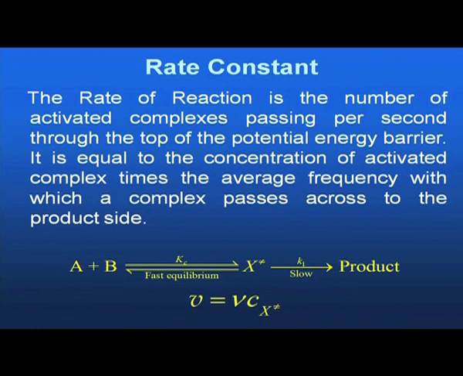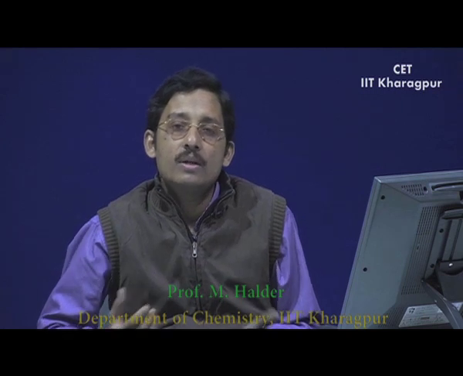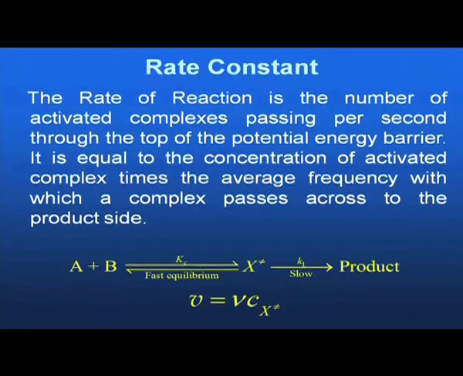what is the rate constant of the reaction? How will you write it? The rate of the reaction is the number of activated complexes, or activated molecules, that is ABC that I was telling, passing per second through the top of the potential energy barrier.